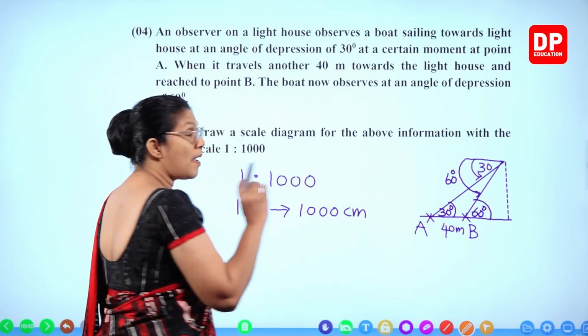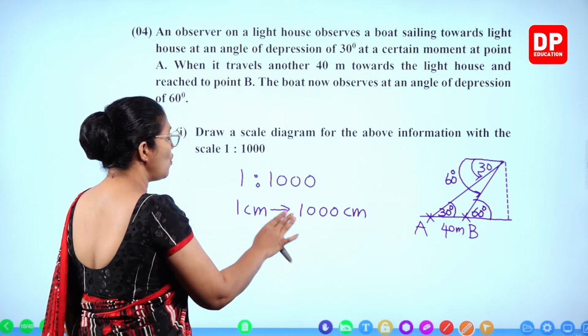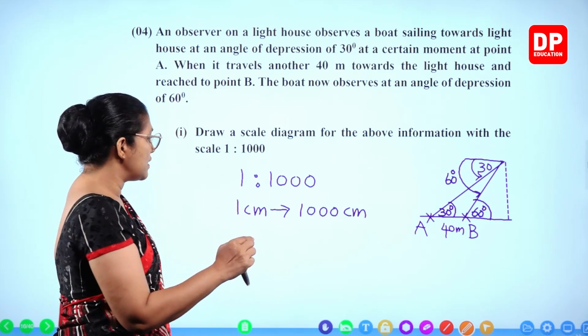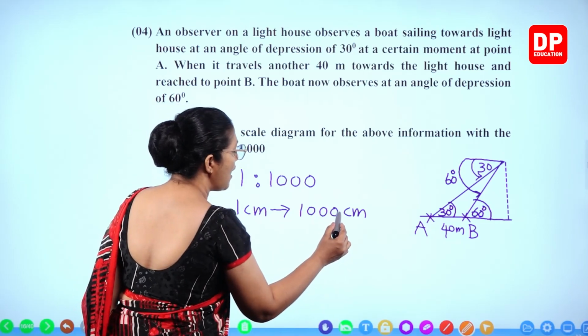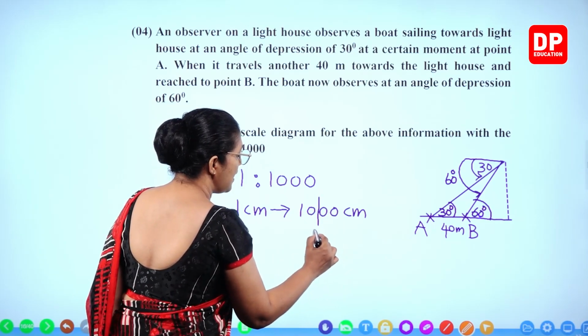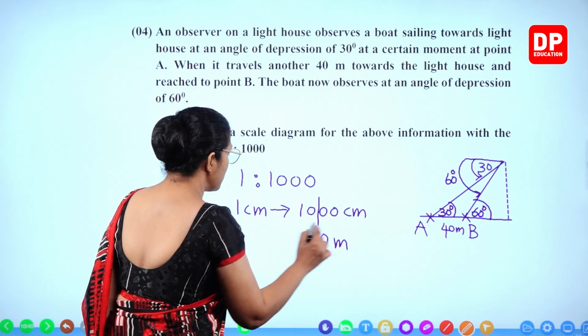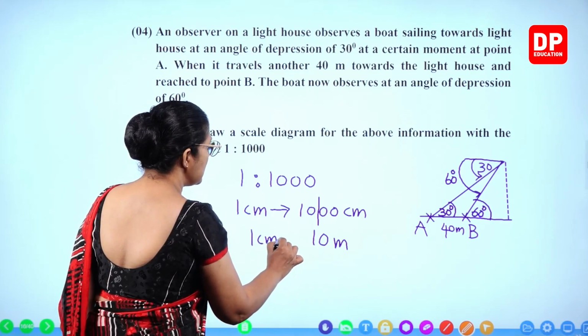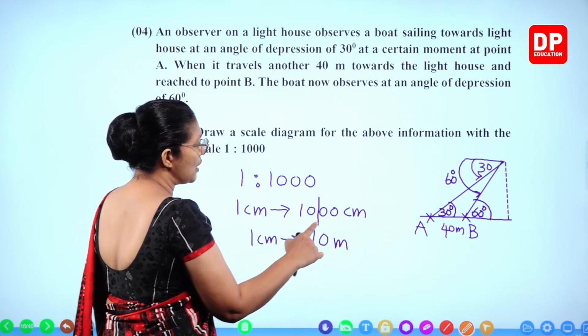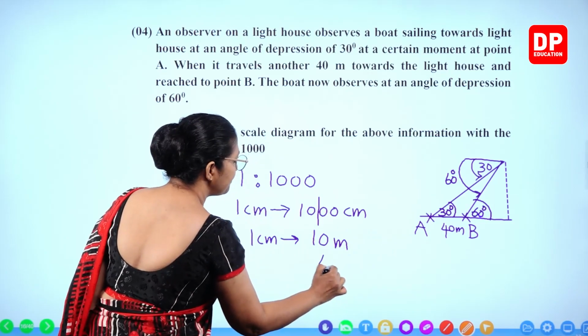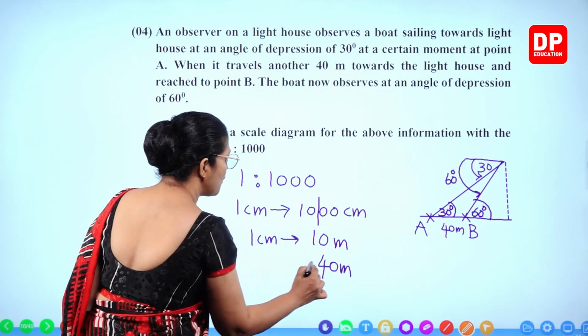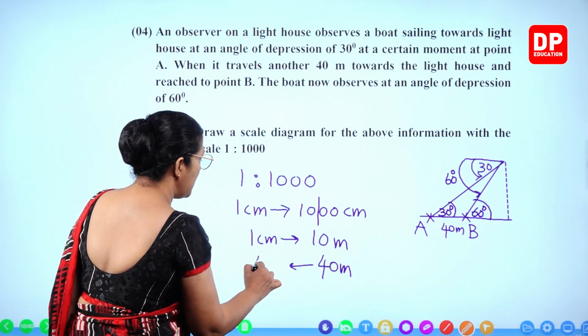You have to take the same unit. If it's a ratio, you have to take the same units. Then you can divide by 100 and say 10 meters. 1 centimeter represents 10 meters. So what about 40 meters then? That means you have to take 4 centimeters for that.